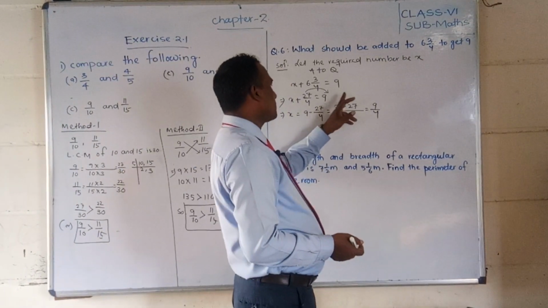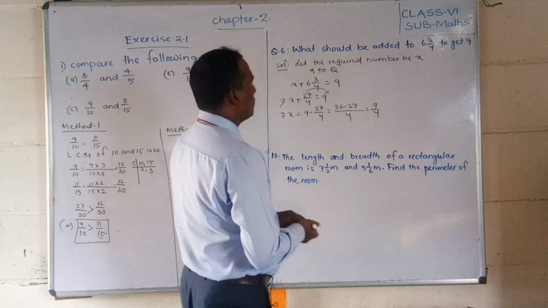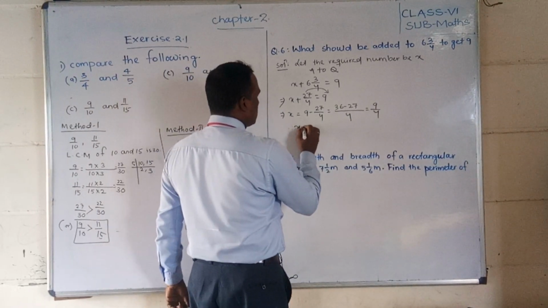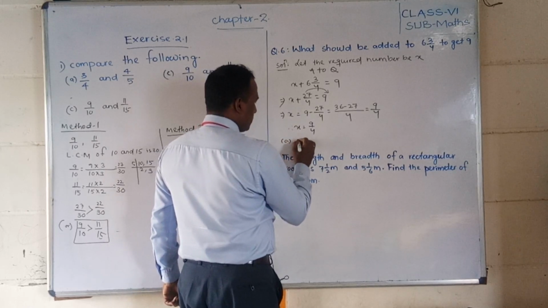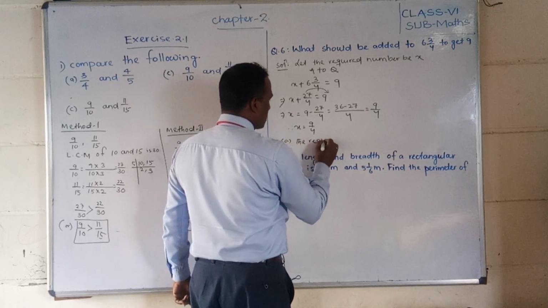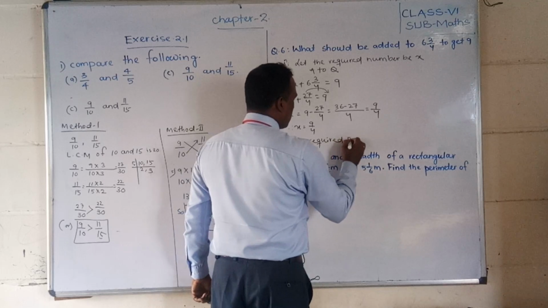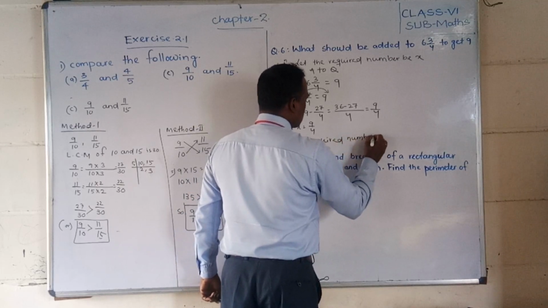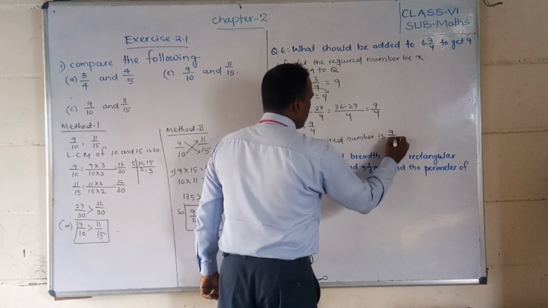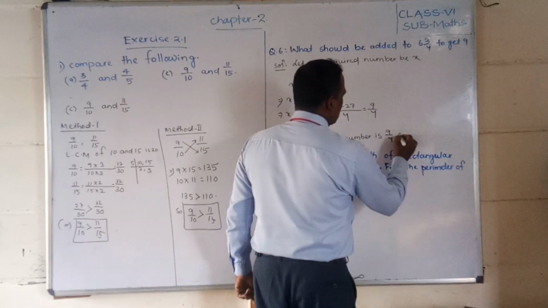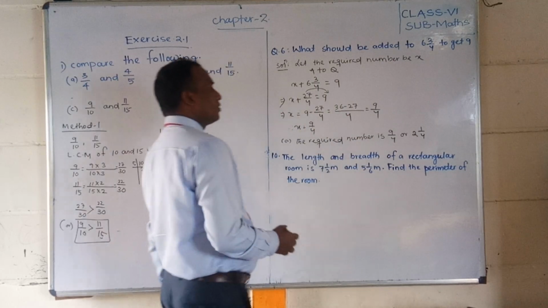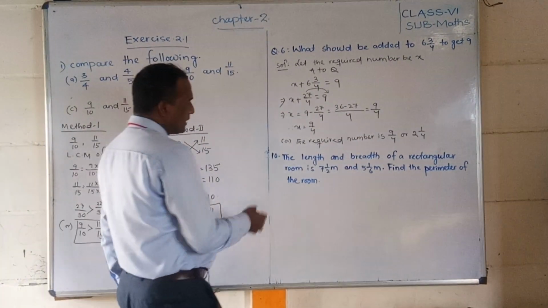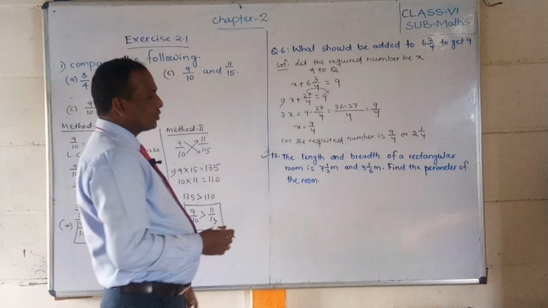Here 36 minus 27 is equal to 9 by 4. So hence x is equal to 9 by 4, or the required number is 9 by 4, or if we write it as a mixed fraction, 2 whole 1 by 4. Same as this, students, we have to do the 10th question.